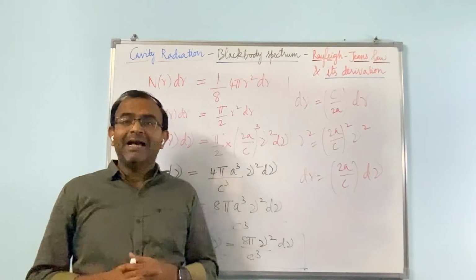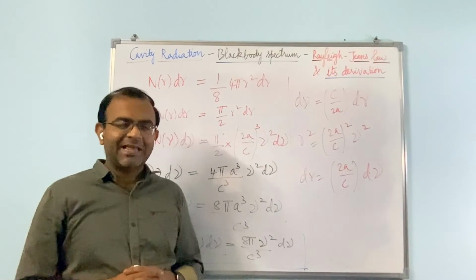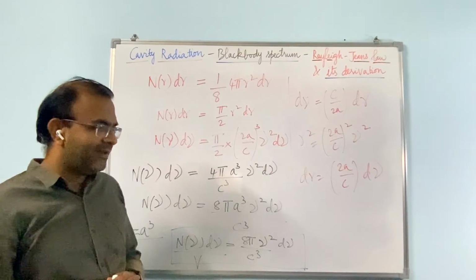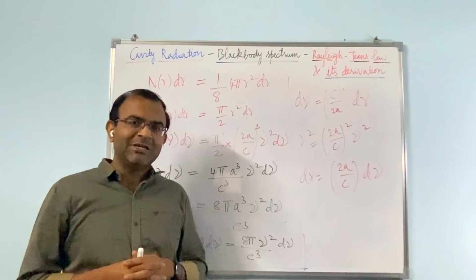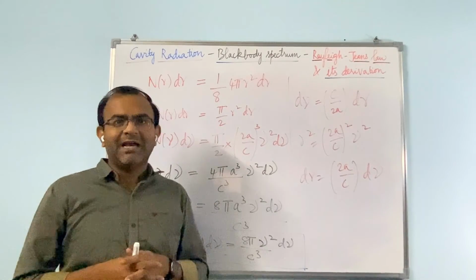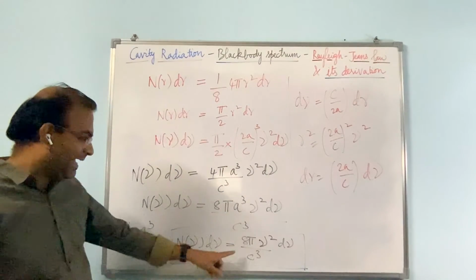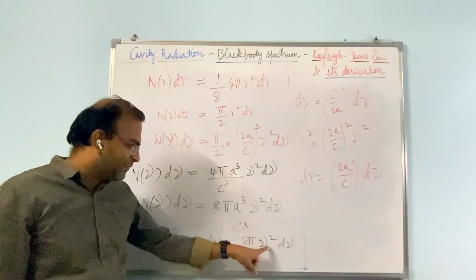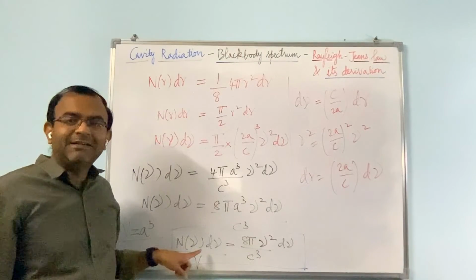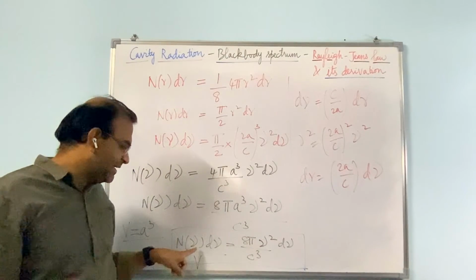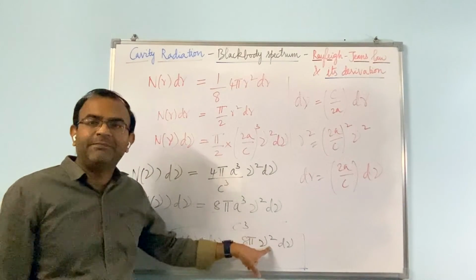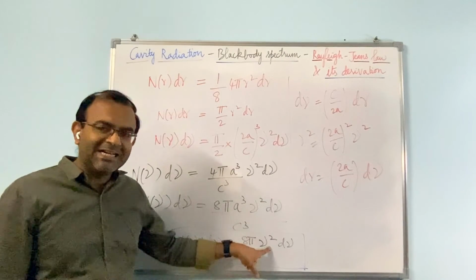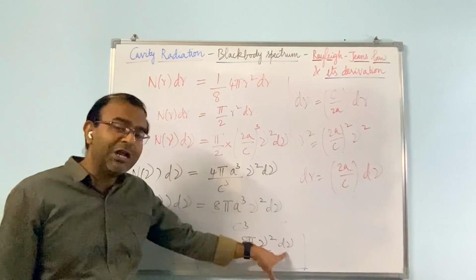Now we have to calculate the energy density of the electromagnetic wave in the cavity, and that can be done by multiplying this with the average energy of the system of waves in the cavity. It is important to note that the number of waves for a given frequency range nu and nu plus d nu depends here on nu squared. In the one-dimensional case, it was independent of the frequency, it was only dependent on d nu.